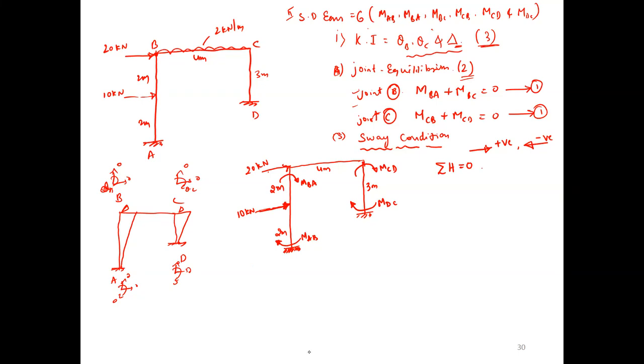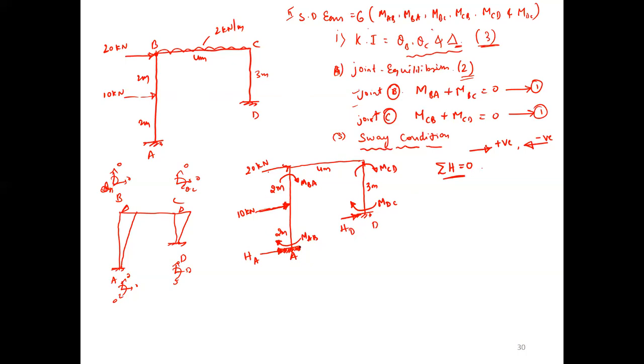Three reactions. But we are considering only horizontal. Therefore, only consider horizontal. Here, at A, the external reaction is HA. Here, at D, the reaction is HD. Why have I taken only horizontal? Because we are considering only the horizontal component in the sway condition.